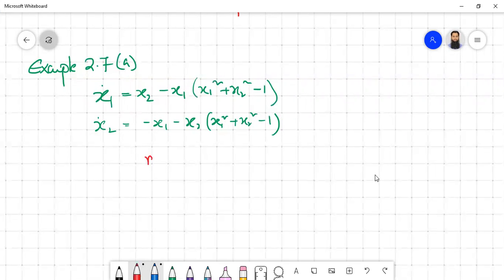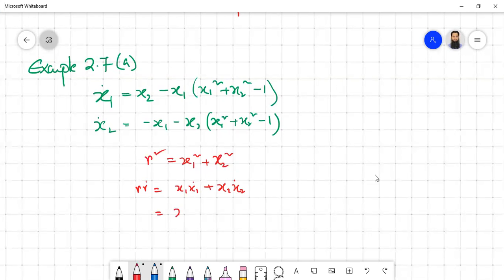Okay, so the same thing we have to do. r square equals x1 square plus x2 square. So basically, as we have done in the last one, r r dot should be equal to x1 x1 dot plus x2 x2 dot. Now you replace the values of x1 dot and x2 dot.